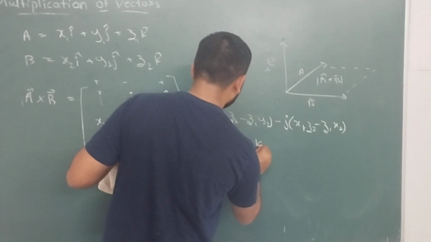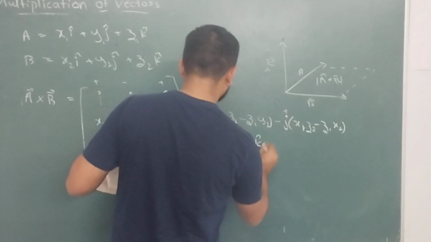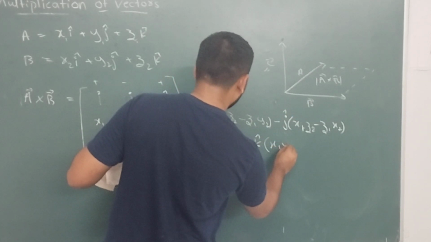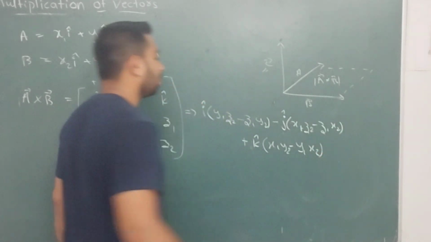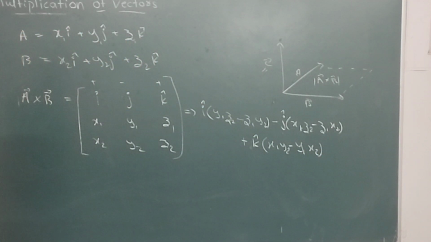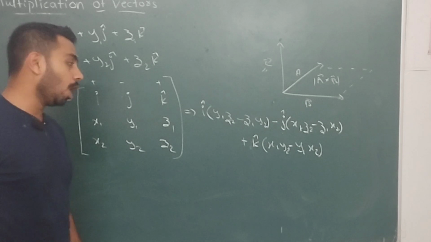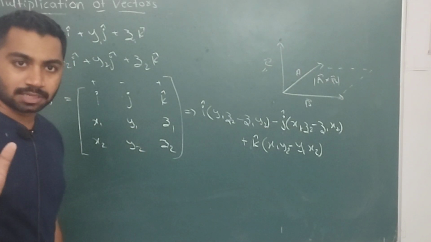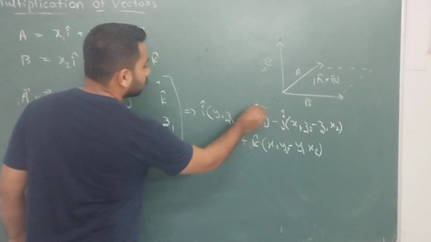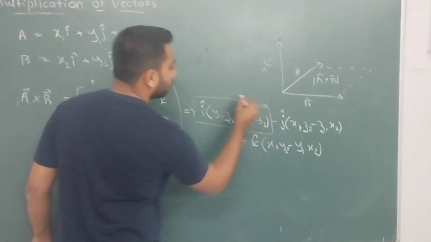Plus k times x1 y2 minus y1 x2. Now sir, from this how can you calculate? What are you saying from this? There, you said i into j gives something. Now see here, just observe this.